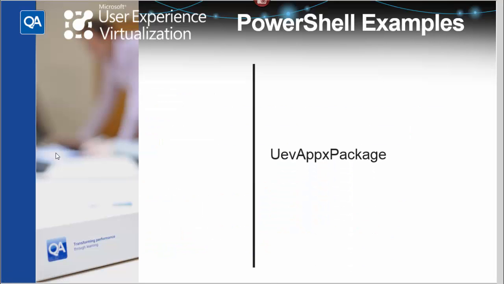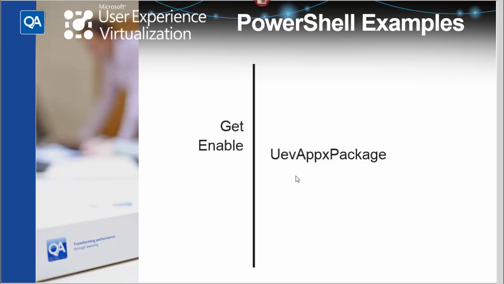The PowerShell commands themselves, PowerShell is providing what we call a verb-noun syntax, where the verb is on the left-hand side and the noun is on the right-hand side with a hyphen between them. So the verb is like the doing word, the get or set commands, and then what we're doing it to is on the right-hand side. So one of the nouns that we have with User Experience Virtualization is the UEV AppX packages.